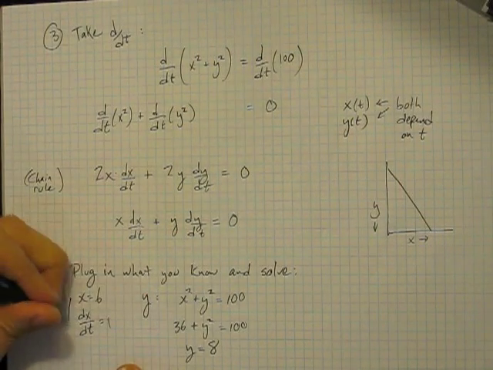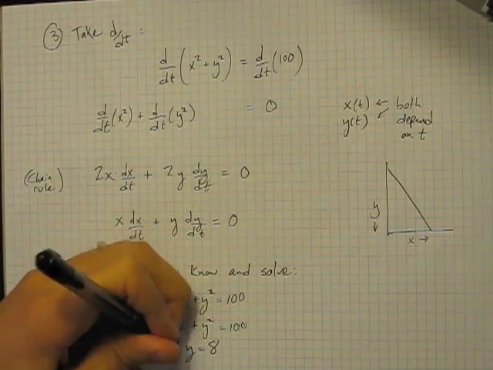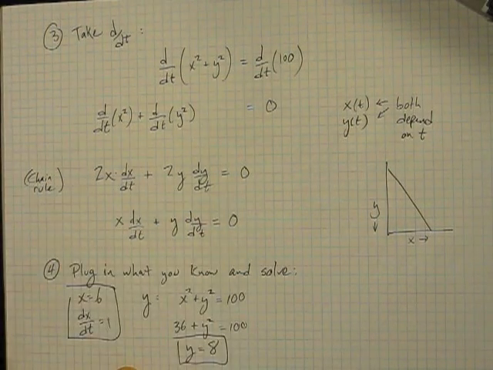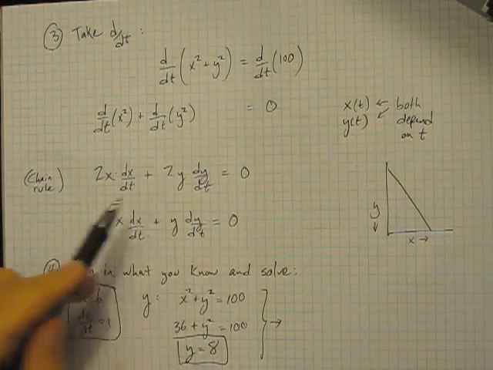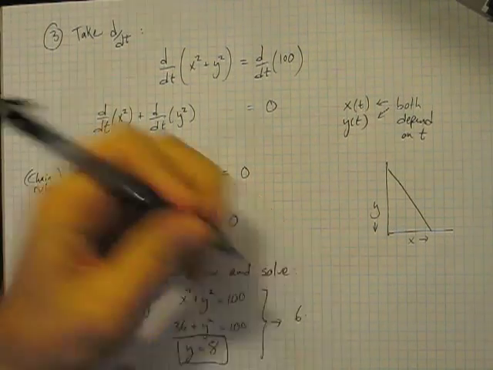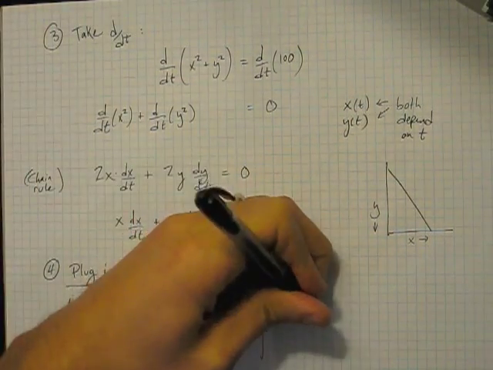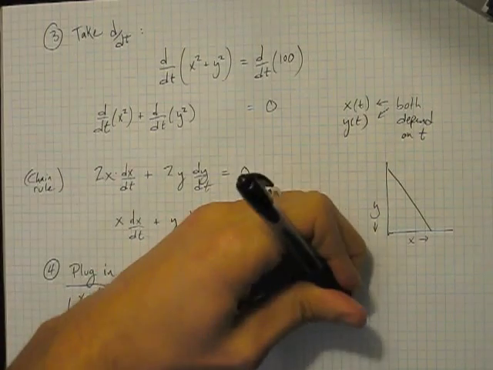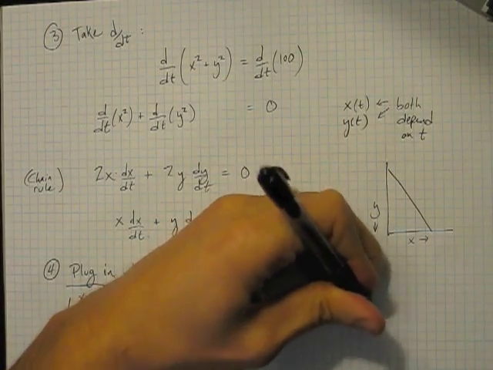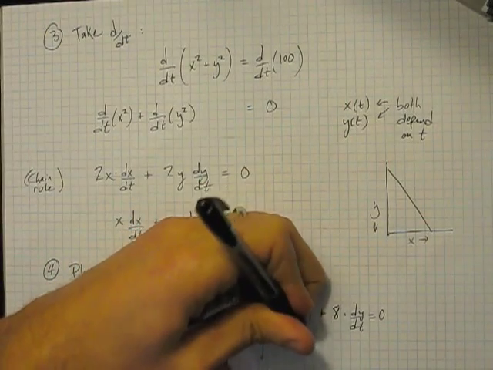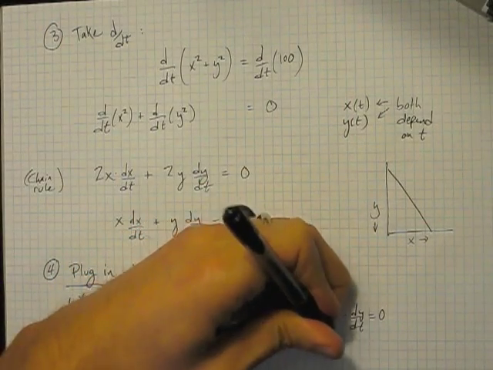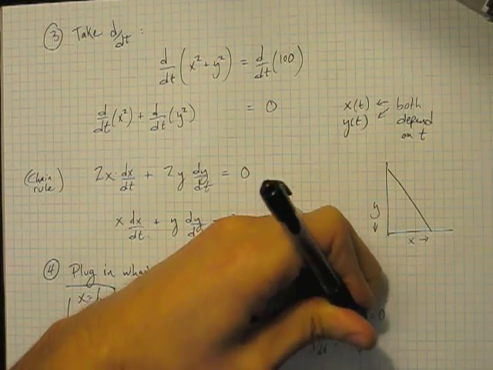Okay, so we know these, and we plug these into our equation right here, and we get 6 times 1 plus 8 times dy/dt is equal to 0. Okay, and if you solve for this, you'll get dy/dt is equal to minus 3/4.